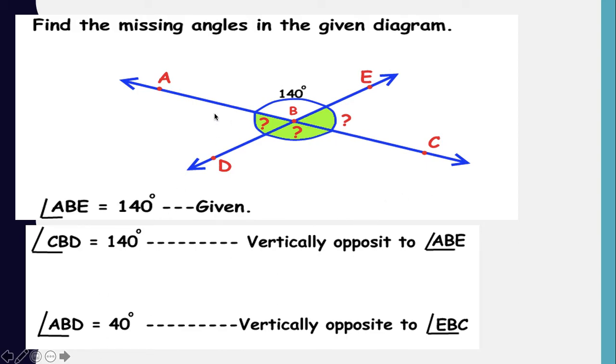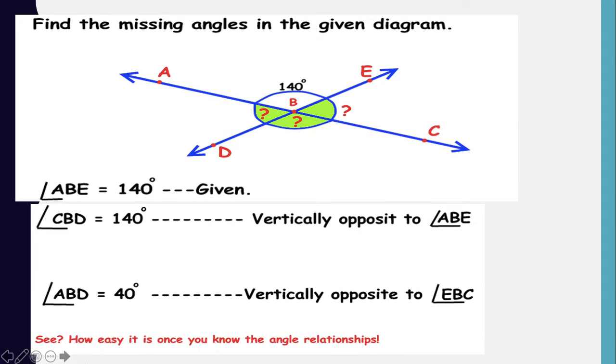Since angle EBC is 40 degrees, which we found out on the previous slide, angle ABD is also going to be 40 degrees. If you know the relations, it's very easy to calculate.